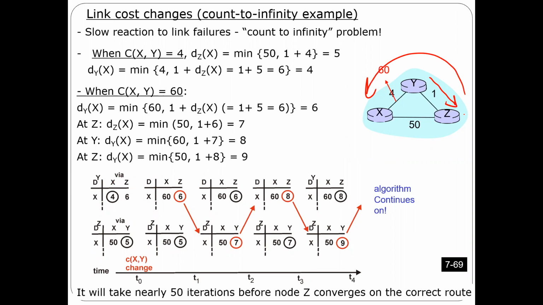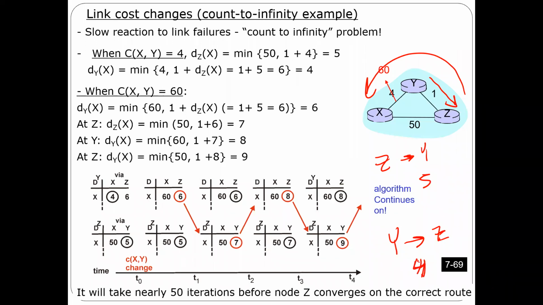What happens is that z is telling y, I can reach x, and the cost is, originally, 5. And y is telling z, I can reach x, and the cost originally was 4.